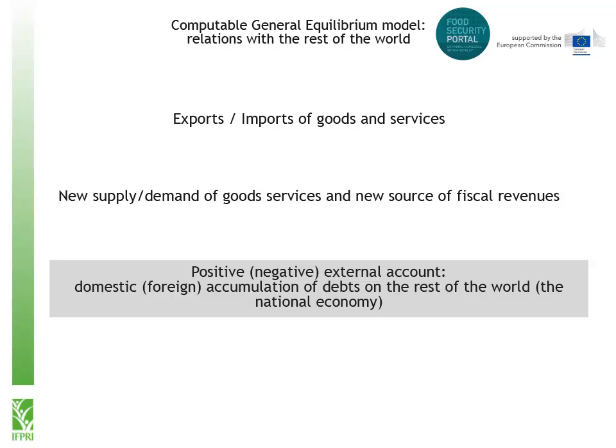You know the macroeconomic interpretations of that. So if there is a positive external account, it means that the nation accumulates debts over foreign agents. If there is a deficit, it means that the rest of the world accumulates debts over national agents.